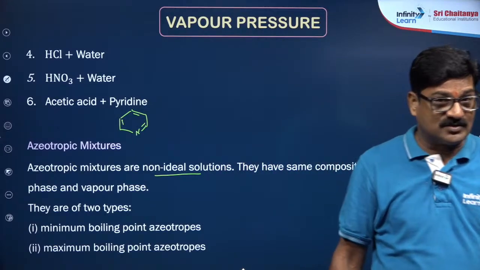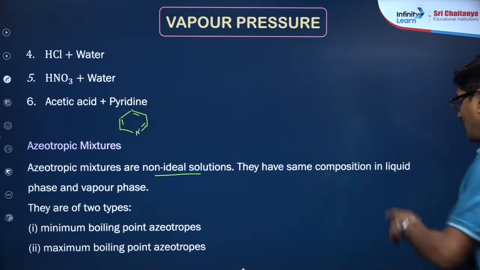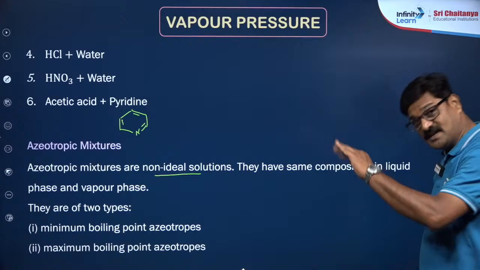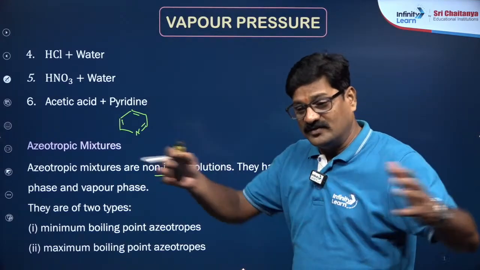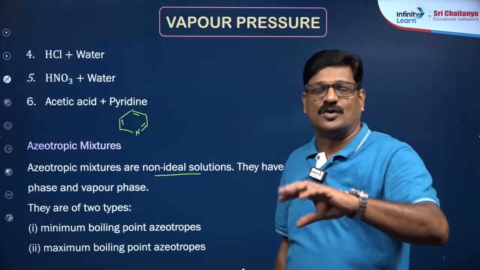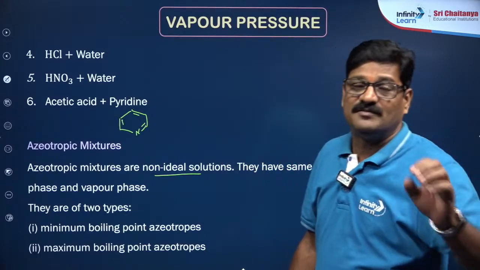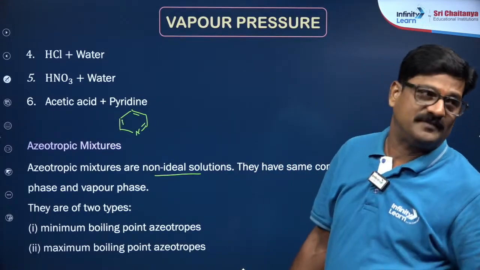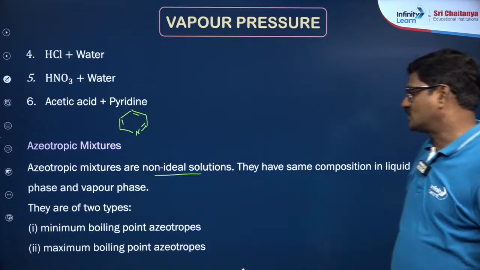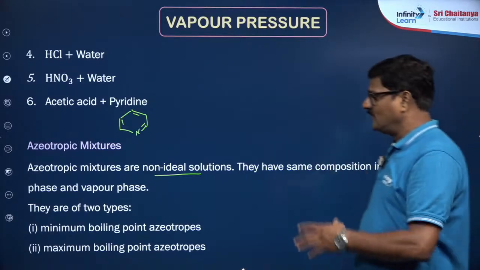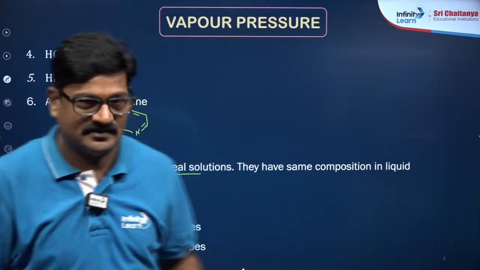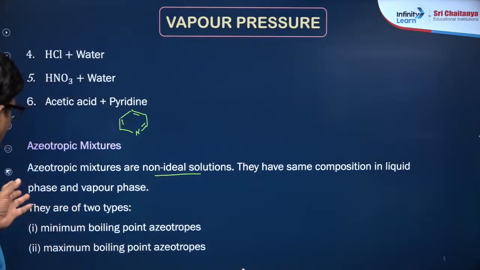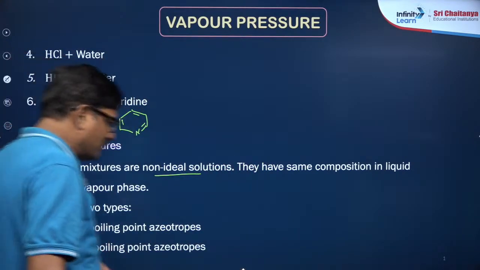We discussed ideal and non-ideal solutions. They have the same composition in the liquid phase as well as the vapor phase. Therefore, when you boil them, they boil together, so you can't separate them by fractional distillation or any kind of distillation. There are two types: minimum boiling azeotrope and maximum boiling azeotrope.